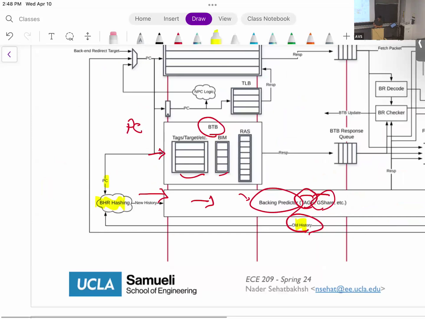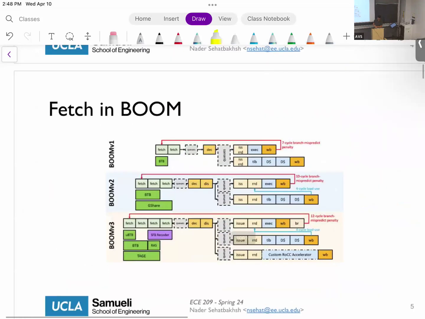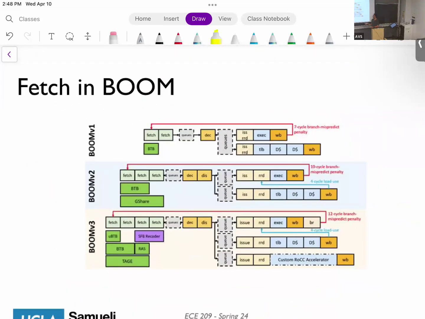Okay, so let's talk about them one by one. Again, as a reminder, we are looking at version 3 of BOOM, which takes 4 cycles of fetch. The main reason is that we are doing all this sophisticated branch prediction. The original version of BOOM didn't have that much of a branch predictor.